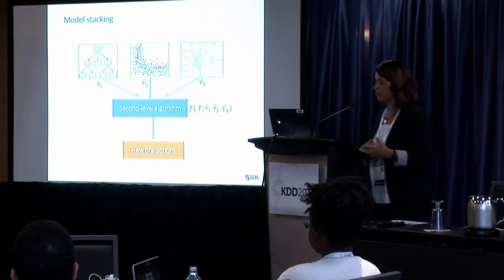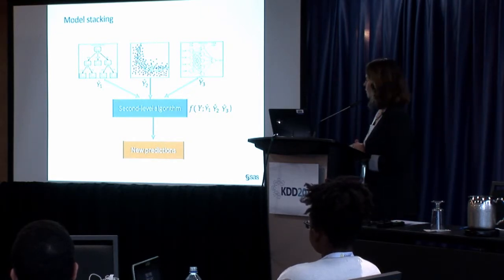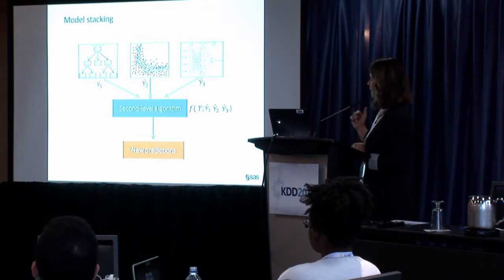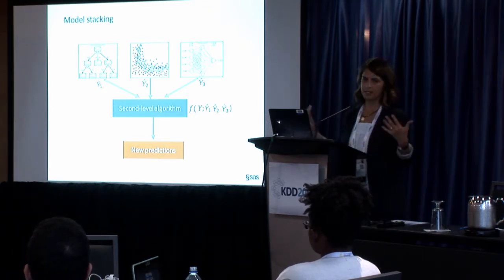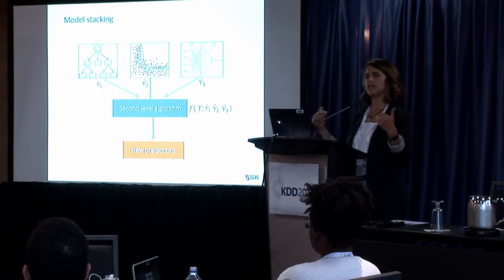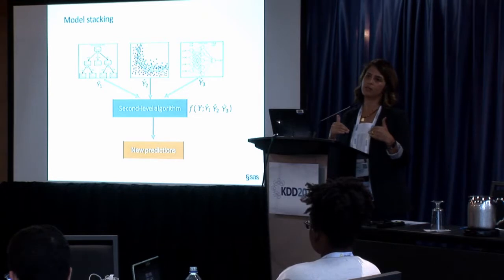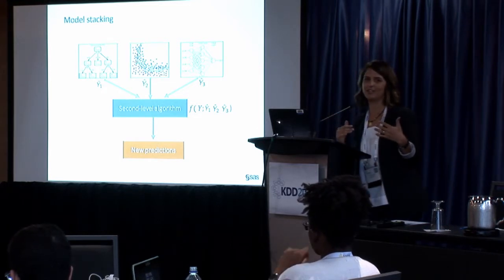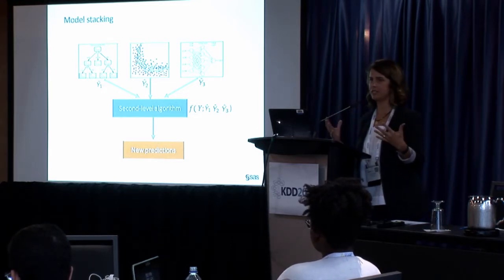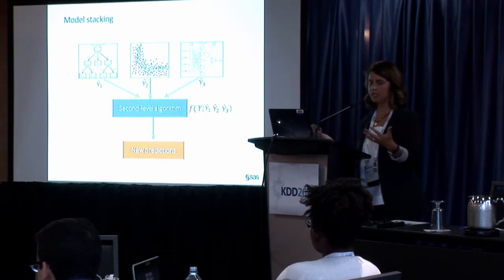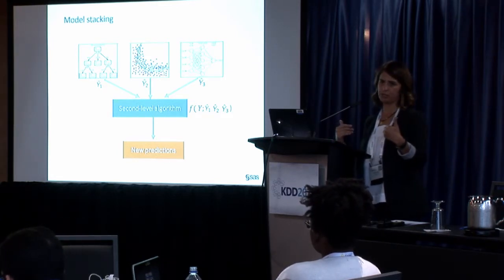So going back to model stacking, you have 3 predictions coming from 3 models, and these are used as input in a second-level modeling algorithm. The second-level modeling algorithm is optimally trained to minimize the loss function and produce a new set of predictions.